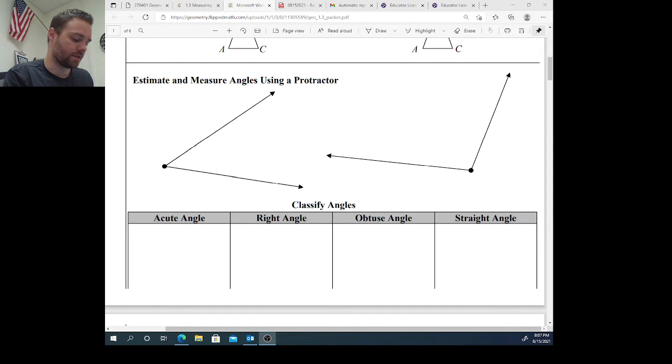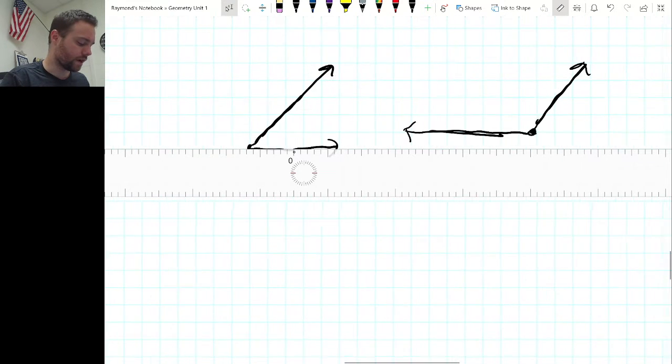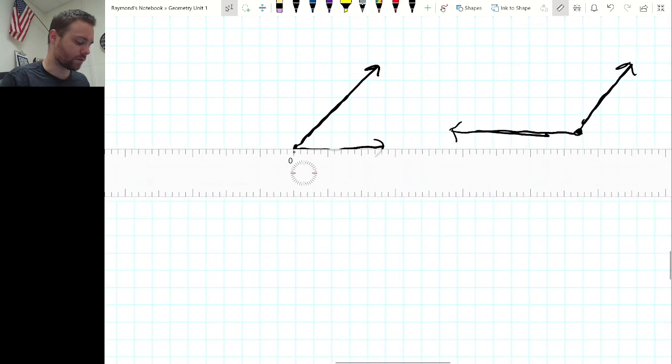And I'm just going to copy these roughly. And back over here, I don't think I have a protractor, but what I do have is the ability to rotate this thing so I can find the degree measure.